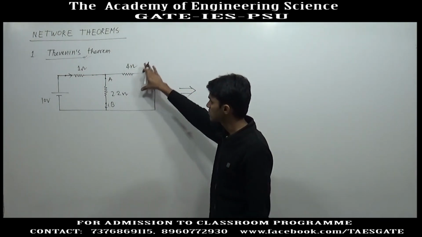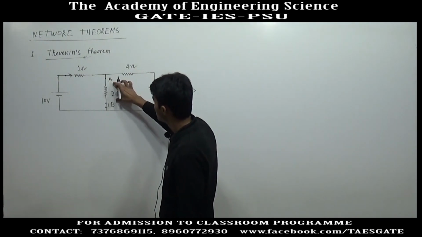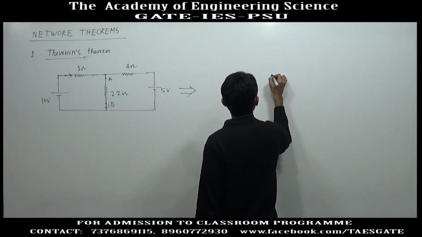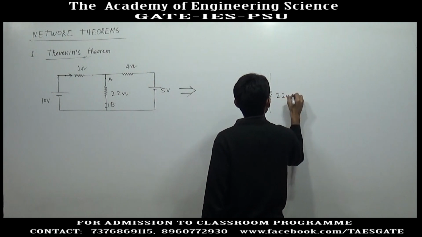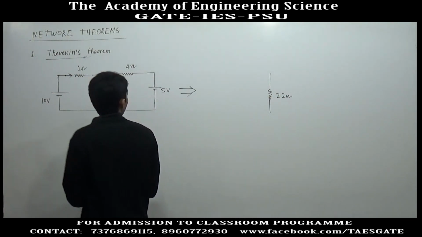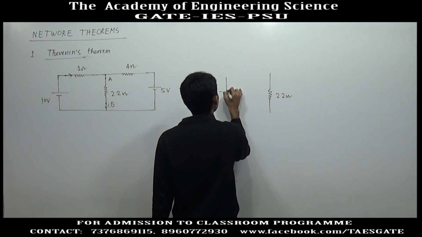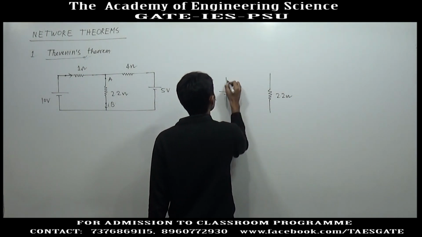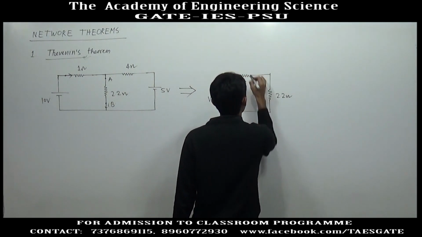At the place of the rest of the circuit, we will have a Thevenin equivalent circuit, but this part of the circuit will appear in the new circuit. So, the 2.2 ohm resistance will be here, and in the rest of the circuit there will be VTH and Thevenin equivalent resistance RTH.